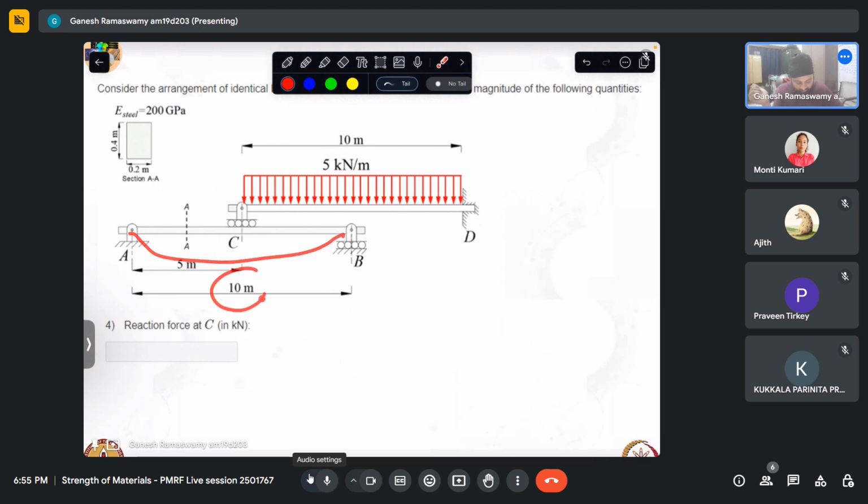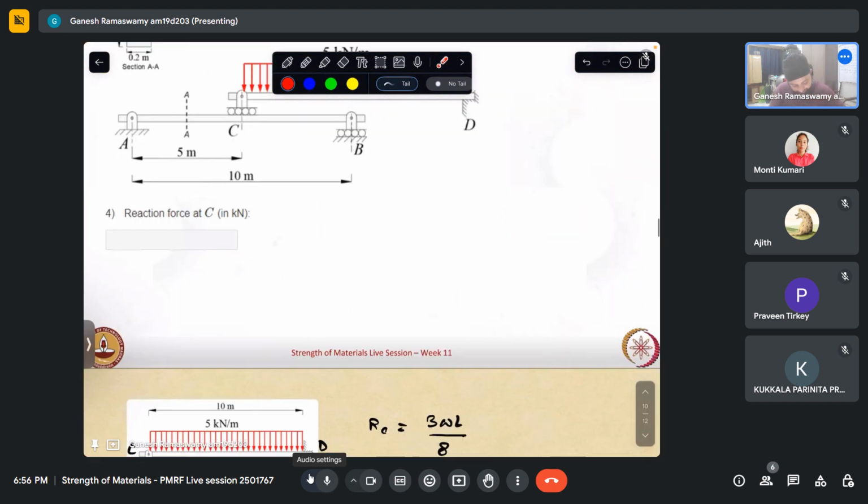But to make things simpler, in the question, they have given two identical beams. So this did not make much of a difference. I hope the viewers are able to appreciate that, and this needs to be necessarily accounted for in the problem.